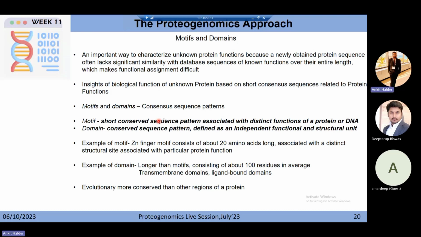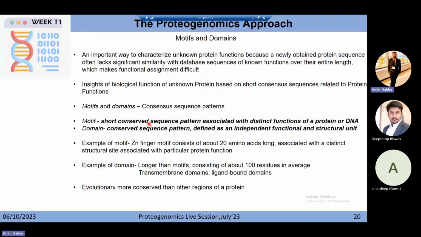So what is that? It is a consensus sequence pattern. A motif is a short conserved sequence pattern which is associated with distinct functions of a protein or DNA. There is a conserved sequence pattern for a particular function of a protein or DNA. For instance, the concept of motif came for understanding the kinases.